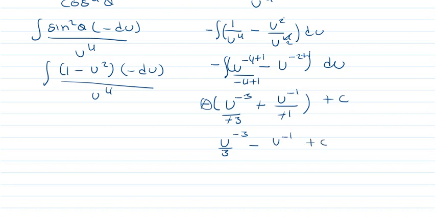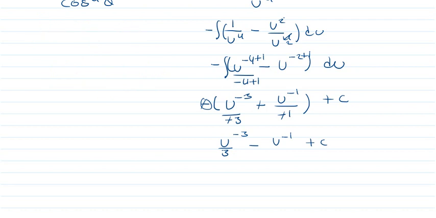This function simplifies to the original function where we said u is equal to cos theta. So we'll just replace and say it's cos negative 3 theta over 3 minus cos negative 1 theta over 1 plus c.